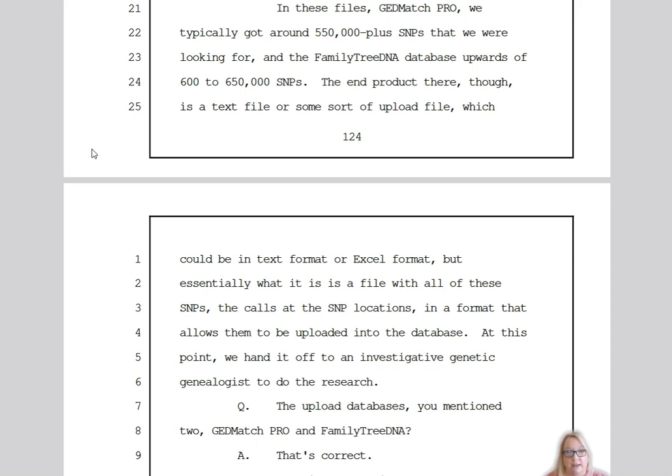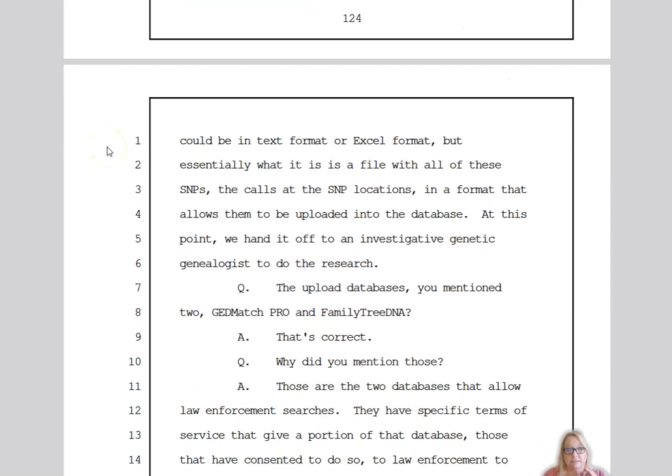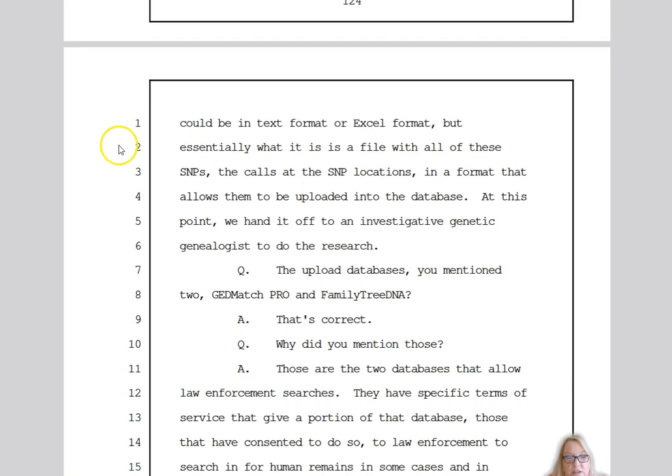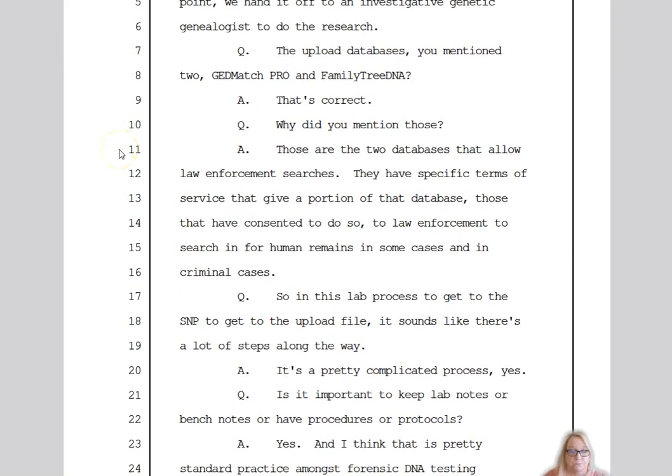The end product there, though, is a text file or some sort of upload file, which could be in text format or Excel format, but essentially what it is, is a file with all of those SNPs, the calls, positions, okay, at the SNP locations in a format that allows them to be uploaded into the database. All right, at this point, we hand it off to an investigative genetic genealogist to do the research.